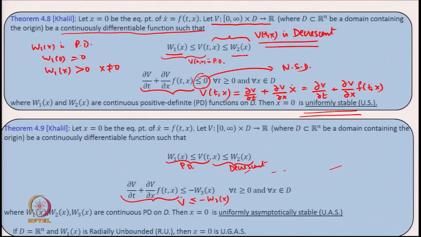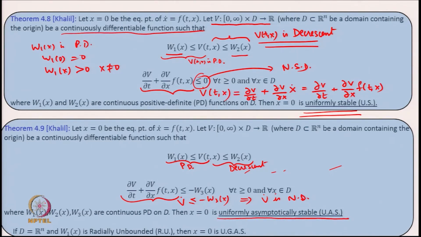So, w3 is a positive definite function. So, minus w3 is a negative definite function, which means that v dot is less than or equal to some negative definite function, which just implies that v dot is negative definite. So, if these conditions are true, the equilibrium point is said to be uniformly asymptotically stable.